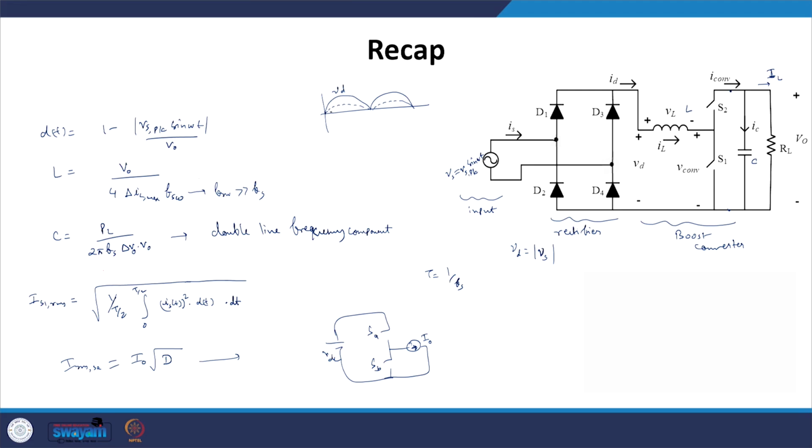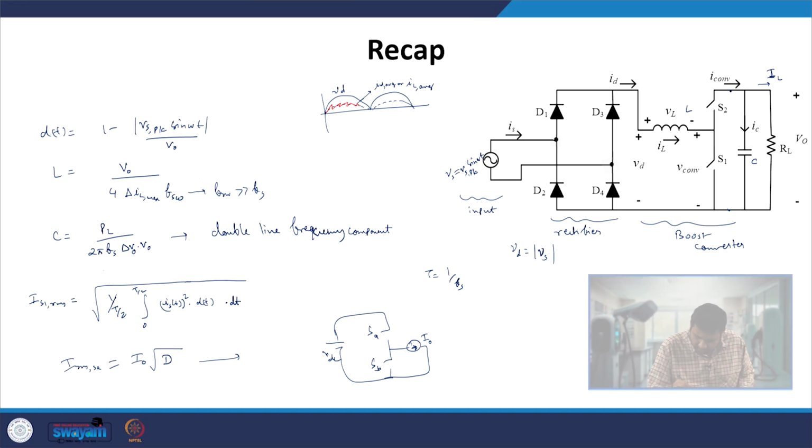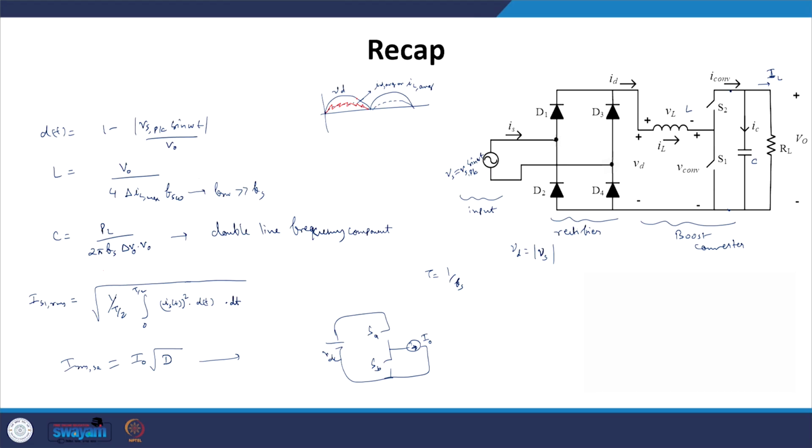So this is the average value of ID average or IL average, and the actual current will have ripple associated with it. So the current will have a double line frequency component, which repeats itself in T by 2 period.